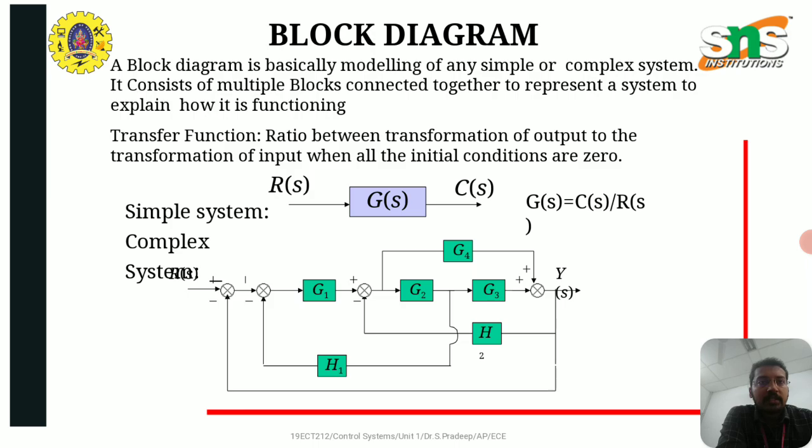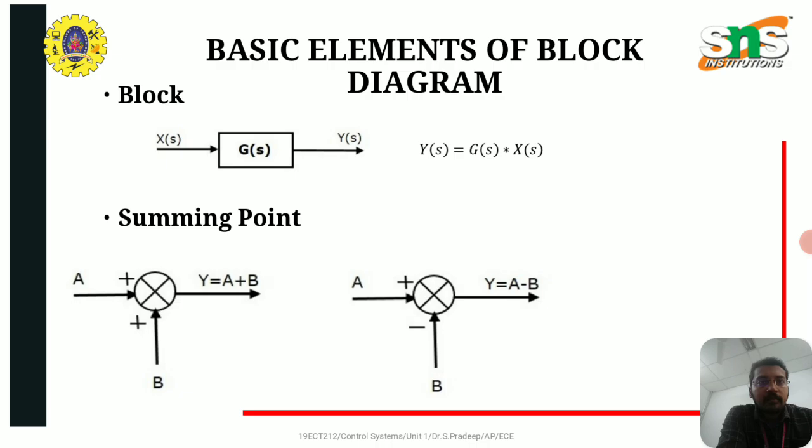The transfer function is the ratio between the transformation of output to the transformation of input when all the initial conditions are 0. This block diagram shows an example of a control system. So these are some of the basic elements of a block diagram.